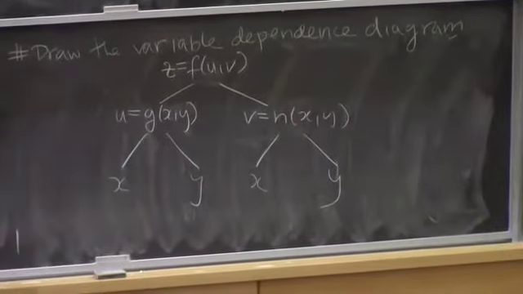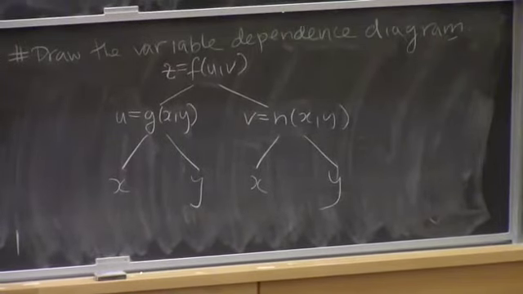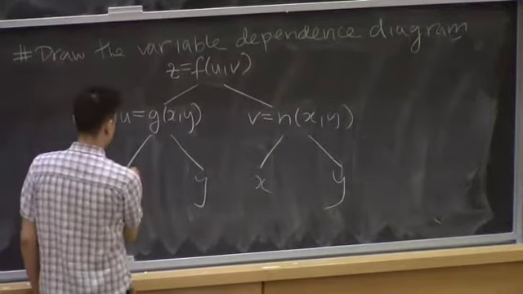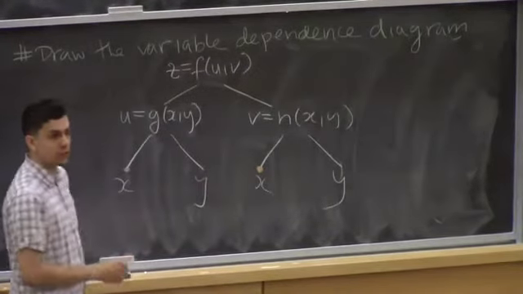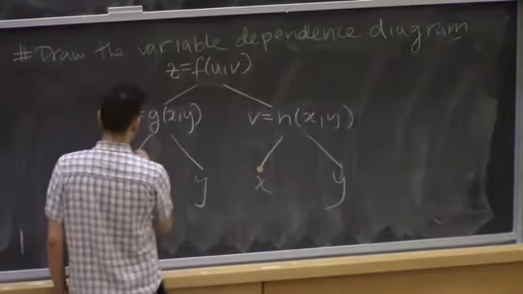Okay, so here we've got a much more complicated dependence diagram on our variables, right? The way that a change in x affects things is much more complicated. So what happens is if we change x, both of these guys get affected.